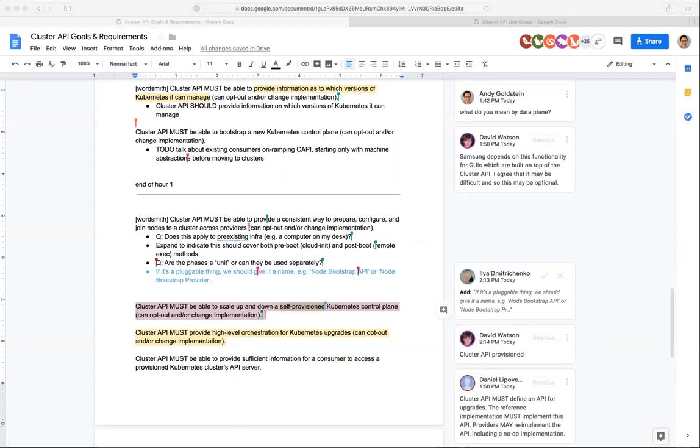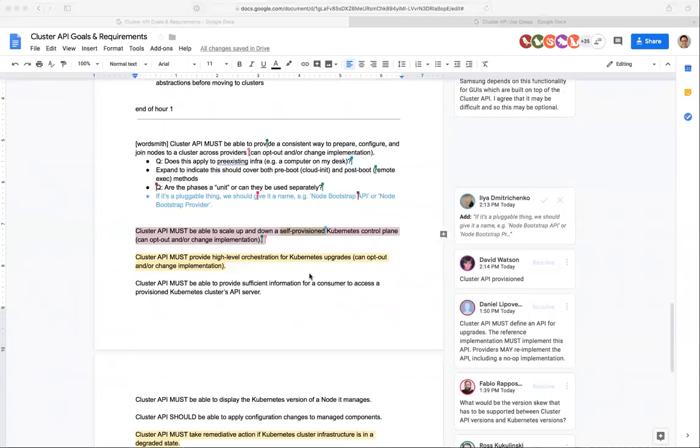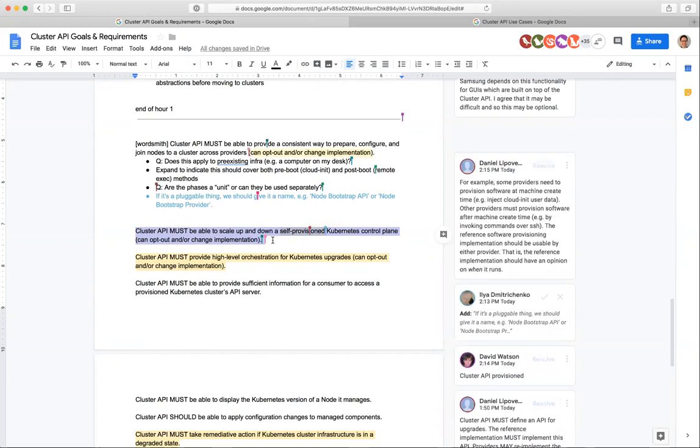Just to clarify, is it the choice of single node control plane versus HA control plane, or HA with opinionated placement, or HA with a minimum number of nodes, or is it just the concept? We haven't defined that yet. We're just saying that Cluster API as a holistic project should be able to spin up a control plane for you, whether that's instance-based, pod-based, or through a managed Kubernetes service.